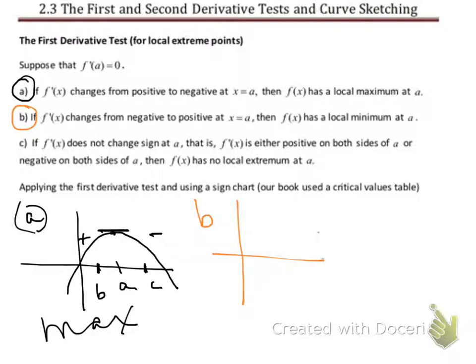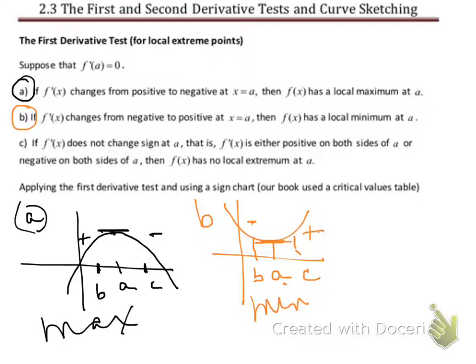There's a min at A. If I test right here at B, I see my slope is negative. If I test right here at C, I see my slope is positive. When I go from negative to positive with a slope of 0 in between, I've identified a min.